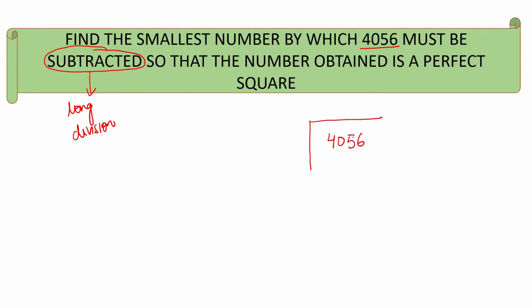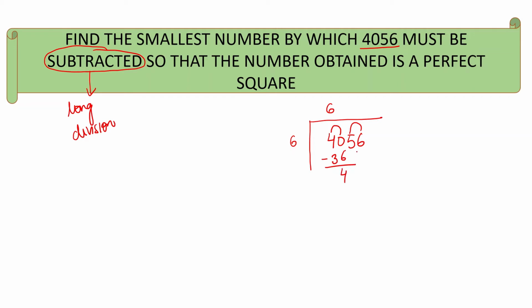Using long division method, first we need to divide it into pairs from right to left. 56 is the first pair, 40 is the second pair. Now figure out which number's square is nearer to 40 or equal to 40. So we have 6. 6 into 6 is 36.